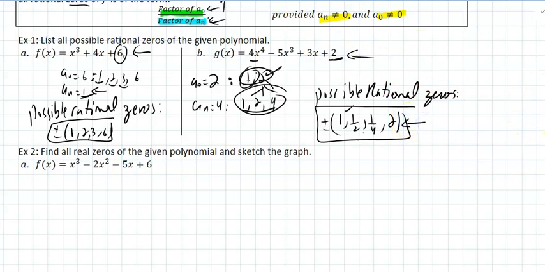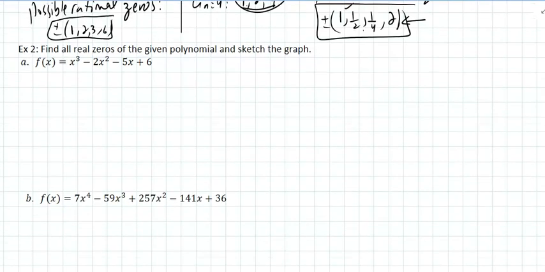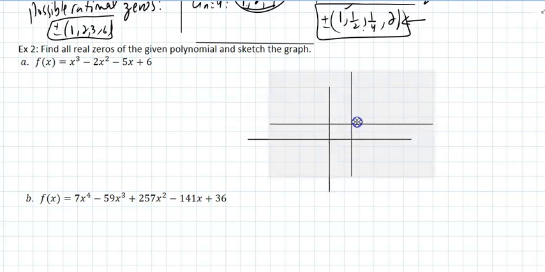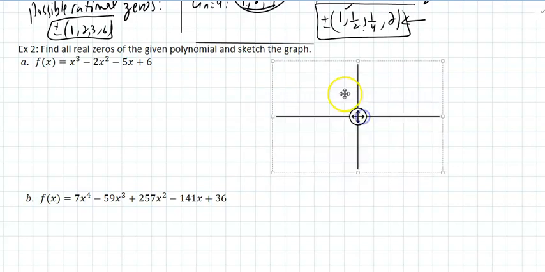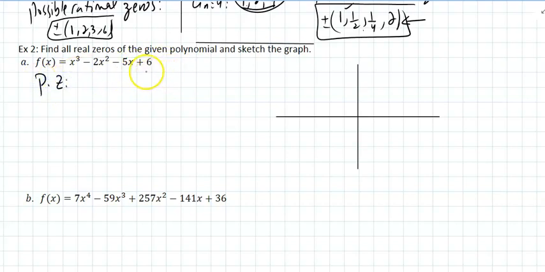So where are we going with this? Well, this is everything together, almost, except for complex numbers. Find all zeros of the given polynomial and sketch the graph. Well, let's see how this works. What are the possible rational zeros? Factors of 6: 1, 2, 3, and 6 divided by 1.